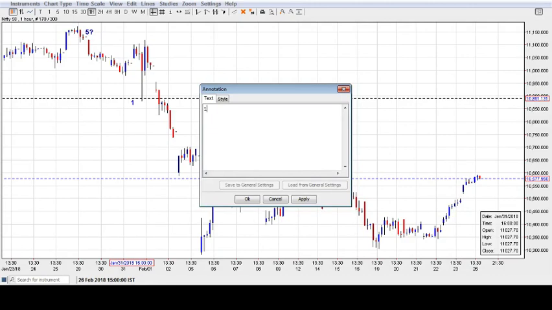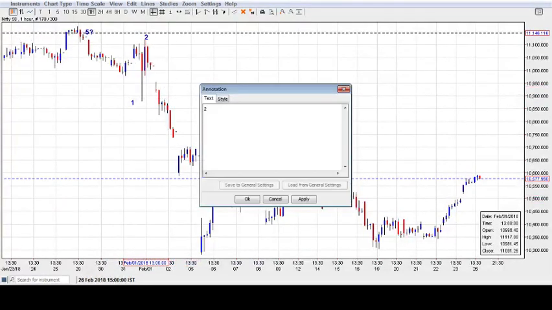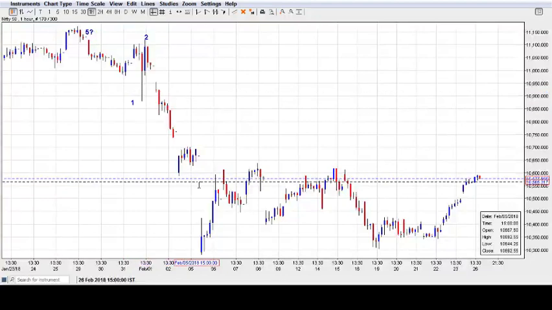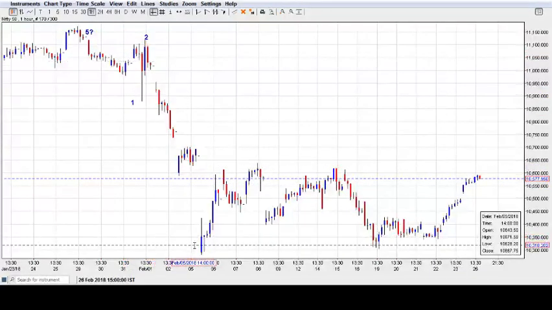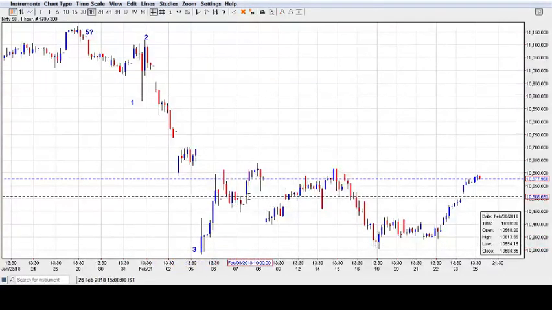It's wave 1, and then there was a corrective rally, wave 2, on the south side again, straight down. The third wave can be easily taken.